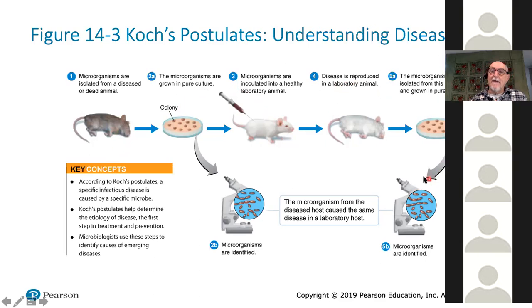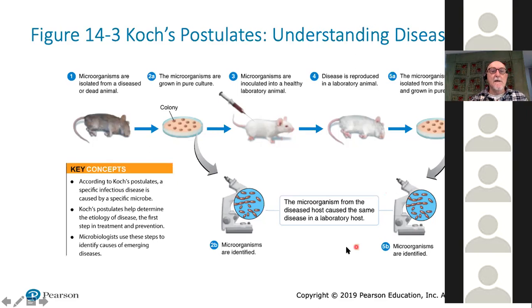And when you purify that bacterium, it must be the same as the bacterium that you originally identified. And if you satisfy those postulates of Koch, you can say this bacterium causes this disease. It seems simple enough. And it actually is still accepted as the standard for establishing the etiology of particular diseases.